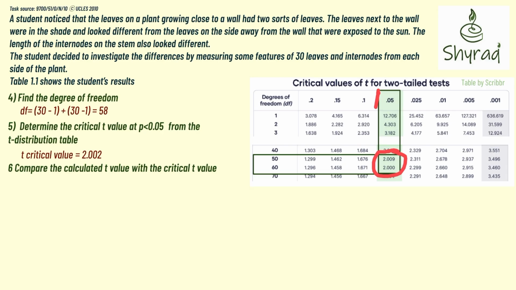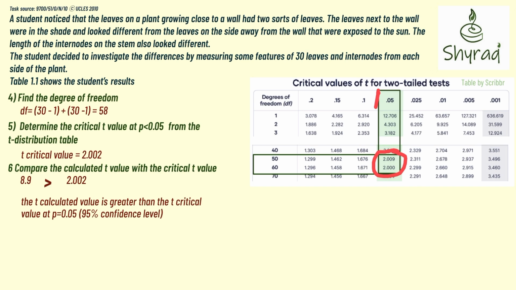Next step is to compare the calculated t-value with the critical t-value. Our calculated value is 8.9 and the critical value we determined from the t-distribution table is 2.002. As you can see, the calculated t-value is greater than the critical t-value. So state and explain the meaning of these results.